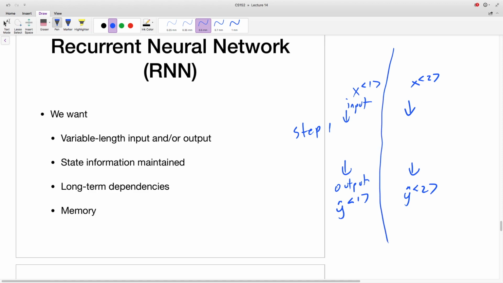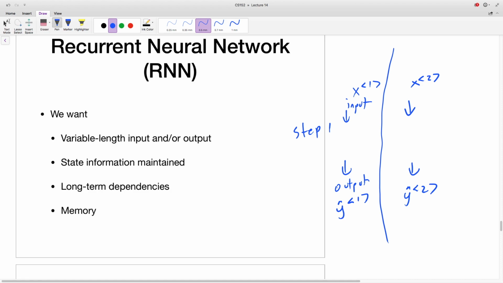Are these independent? No. If we wanted them to be independent, it'd be really simple. Create one neural network which just has an input, some number of layers, and an output, and feed your input there. And then just go ahead and feed your next input in and get your output, get your next input in and get your output. What are we missing here?